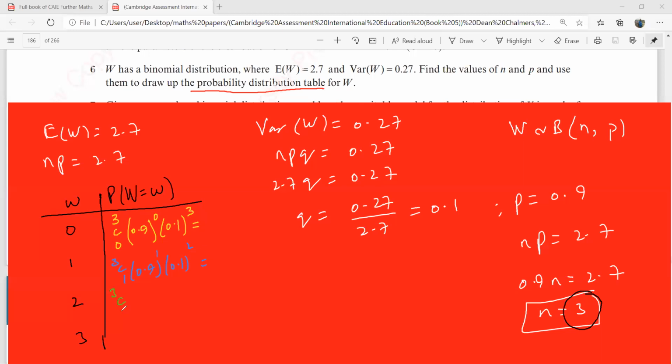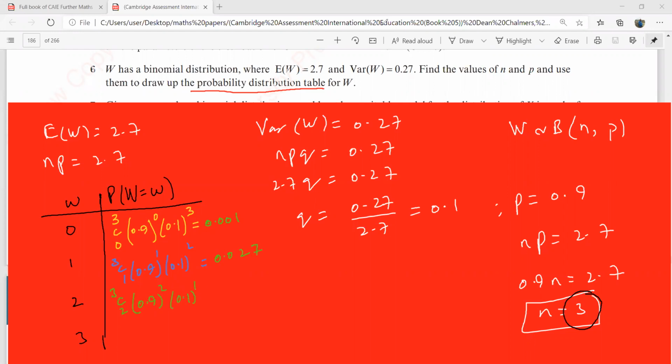The first one is 1 into 10 power minus 3 exactly, that is going to be 0.001. The second one is 0.027. Okay. The next is 3C2, 0.9 squared into 0.1 raised to power 1.